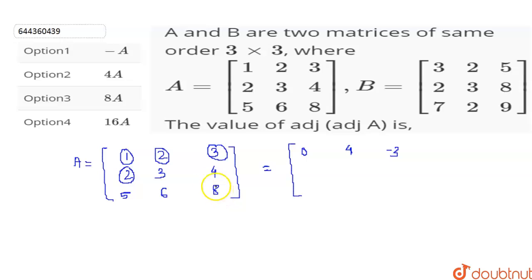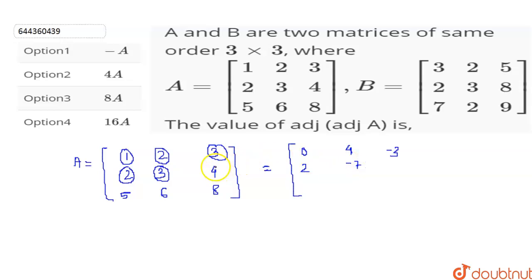So 2 into 8 is 16, minus 6 into 3, that is 18, so that gives us minus 2, and it has a negative sign, so minus of minus 2 gives us 2. Right, now for calculating this entry, the determinant we have is 1, 5 and 3, 8. So 1 into 8 is 8, minus 15, that gives us minus 7, and this is a positive sign, so this is minus 7.